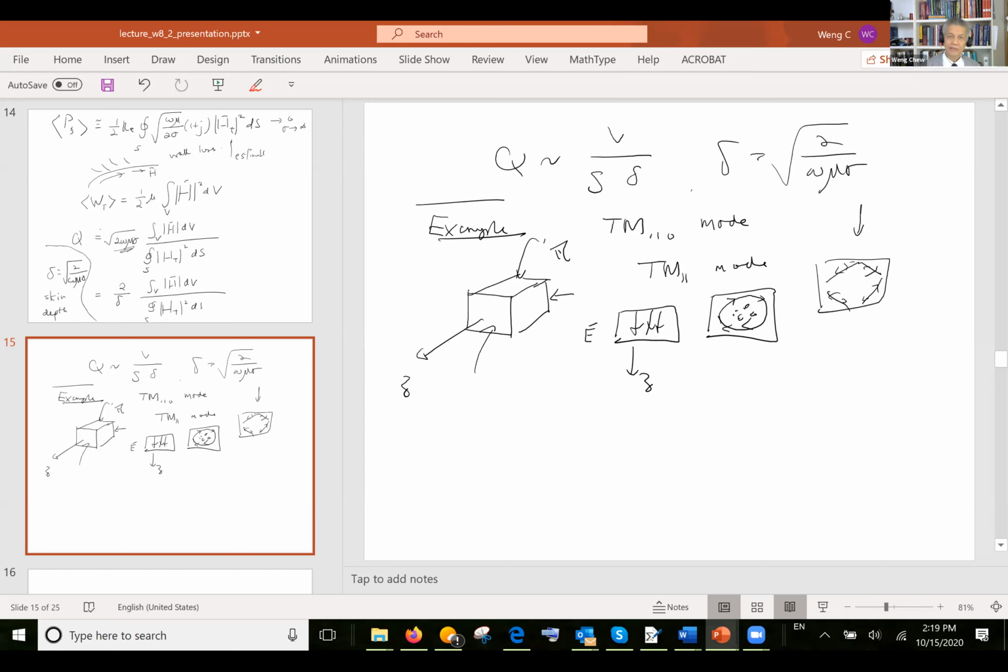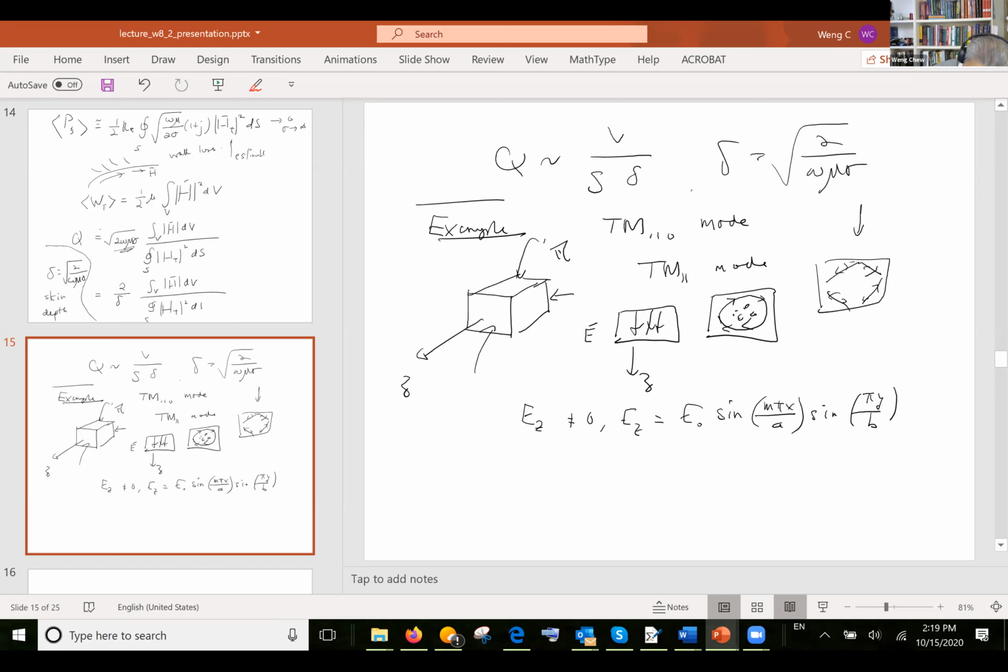Hence you can make this mode into a cavity mode by just shorting the front end and the back end of this cavity. That is the TM110 mode. Since it's a TM110 mode, you can characterize it with Ez not equal to 0, and Ez is given by E0 sine m pi x over a, and then sine pi y over b.